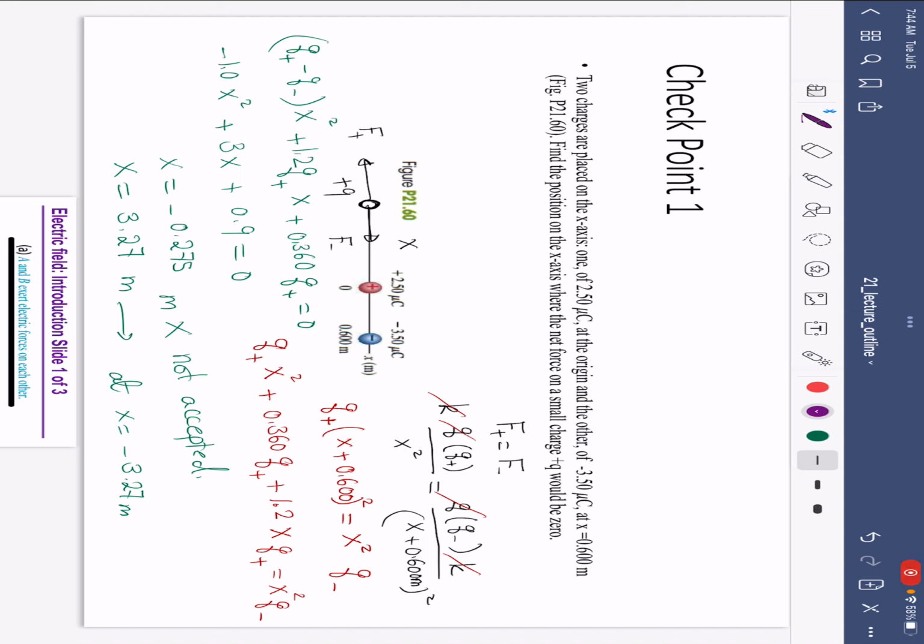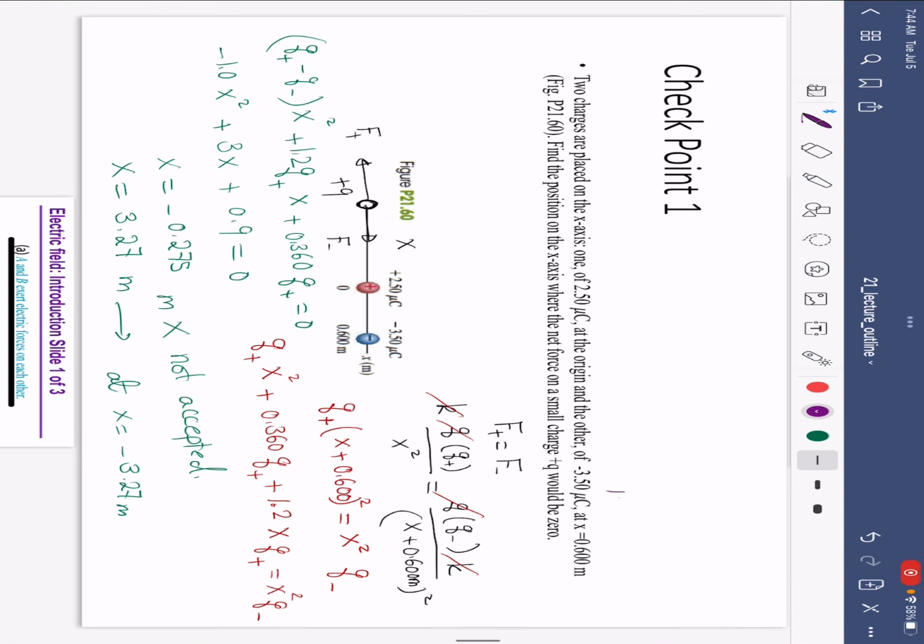Remember, micro is 10 to the minus 6, and that one is located at x equals 0.6 meters. Find the position on the x-axis where the net force on a small charge plus q would be 0. Here you need to combine math with physics, because math itself is not going to work when you solve this problem.